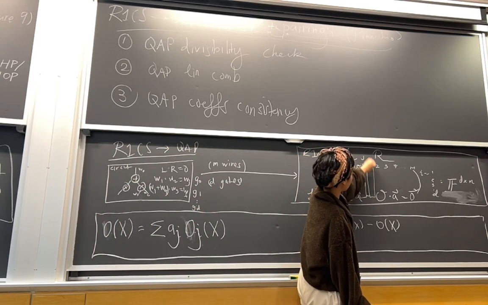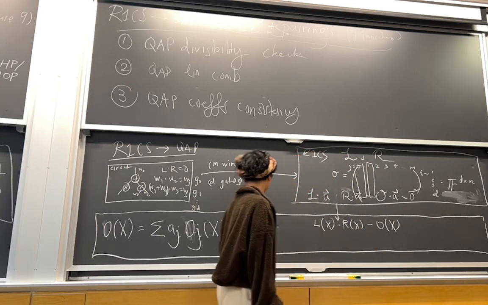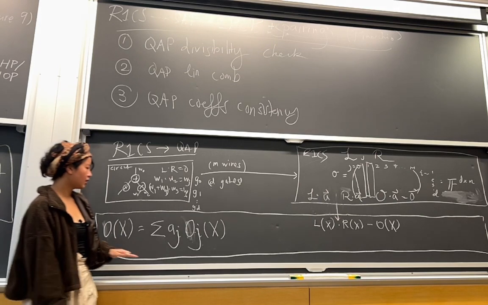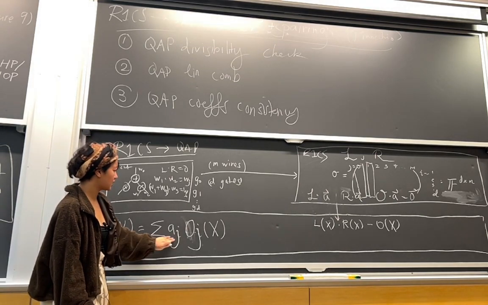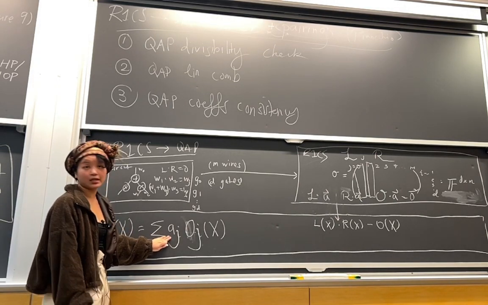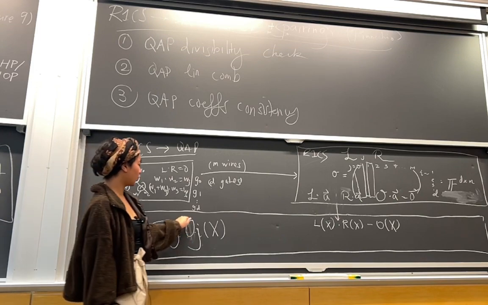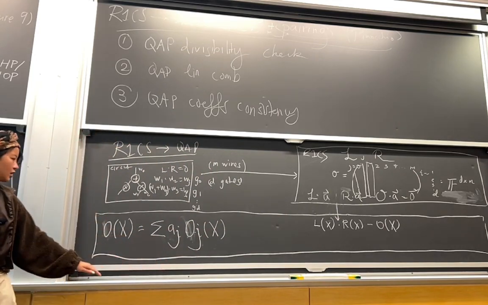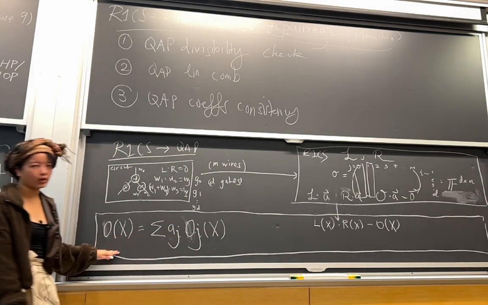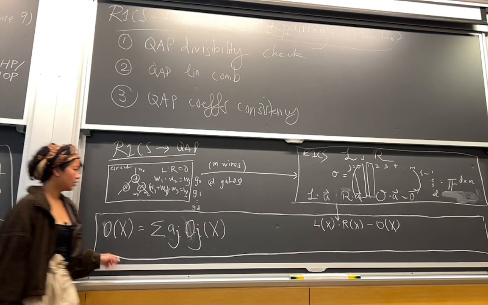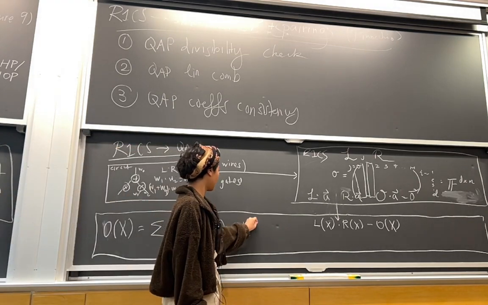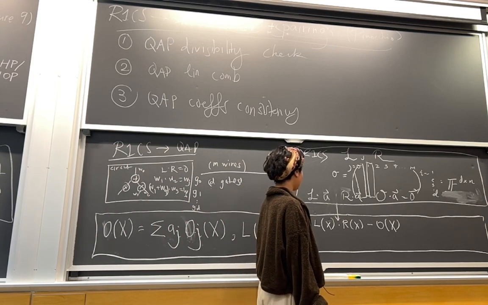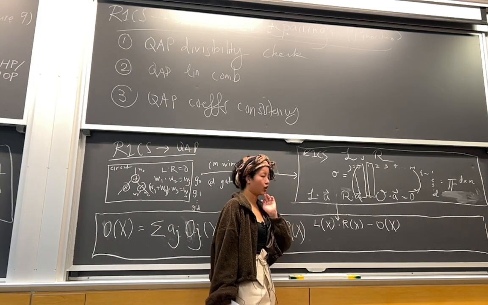This is O_1(x). And what we're doing is we're taking each element of our witness and using it as a coefficient for the corresponding column in our matrix. And the linear combination of this we call O(x). So if we do the same thing for L(x) and R(x), then we expect that this polynomial identity holds.